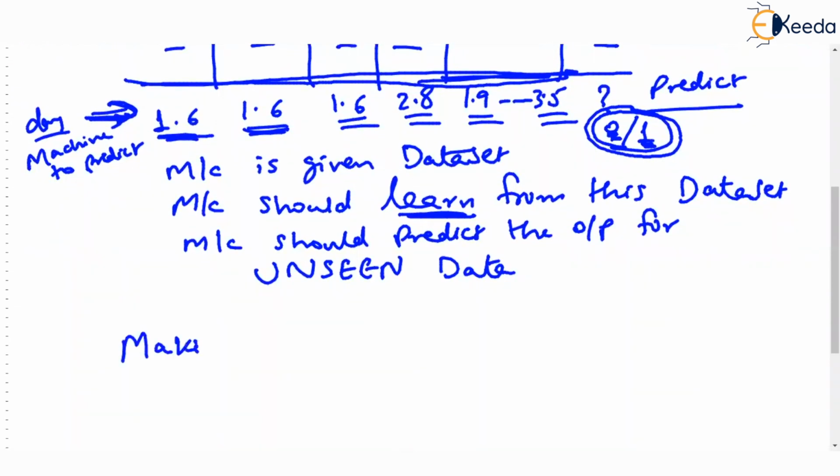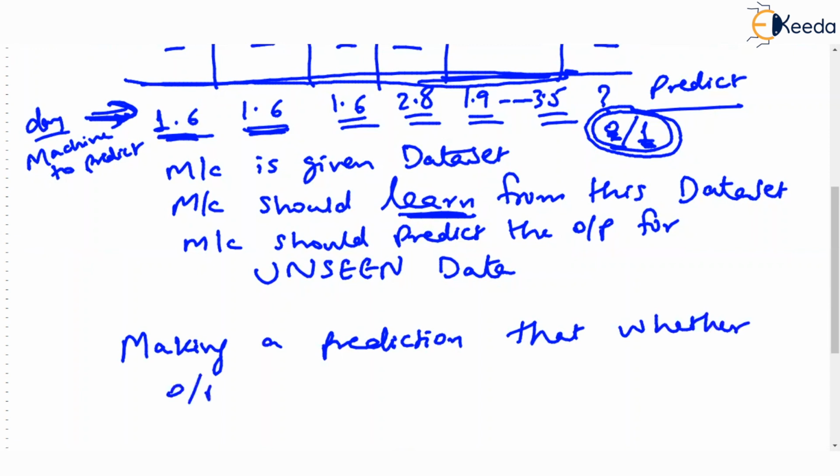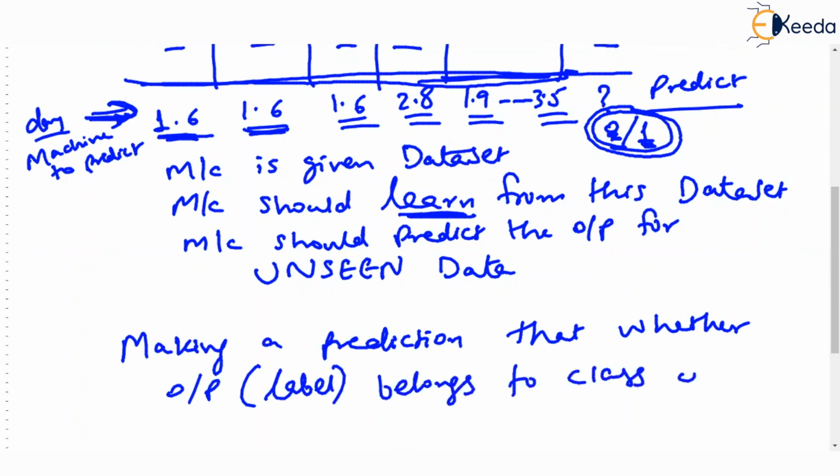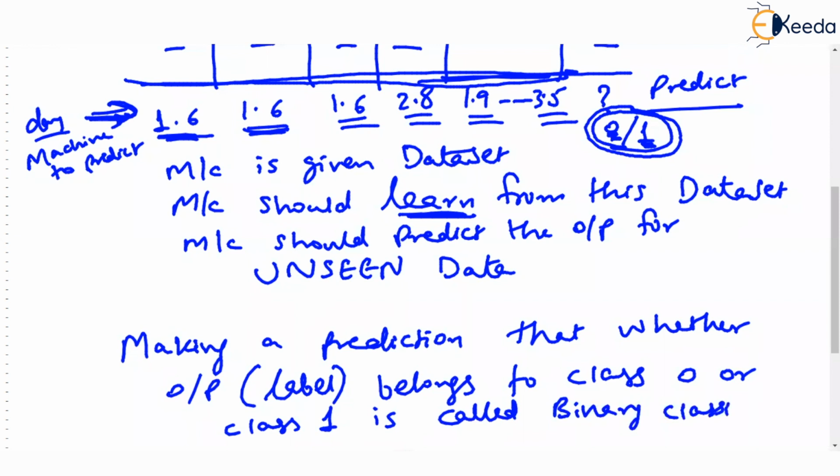Making a prediction whether the output, or label, you can say, belongs to class 0 or class 1 is called a classification problem. Additionally, it is called binary classification. Why binary? Because in this problem there are only two classes, 0 or 1.